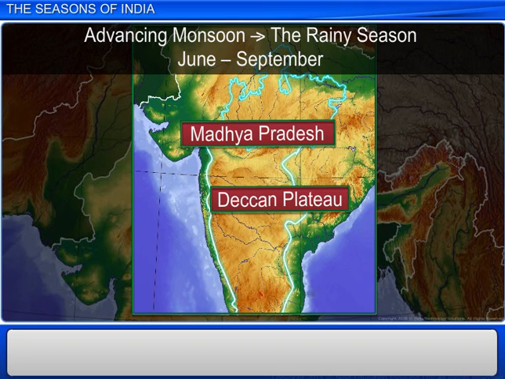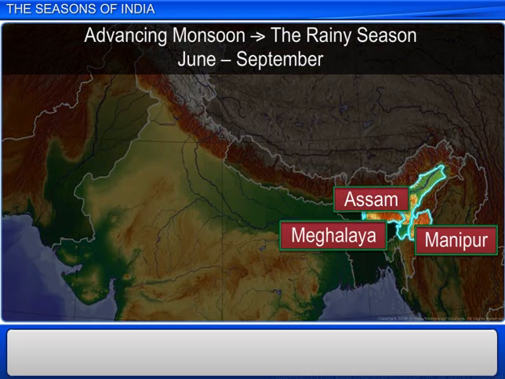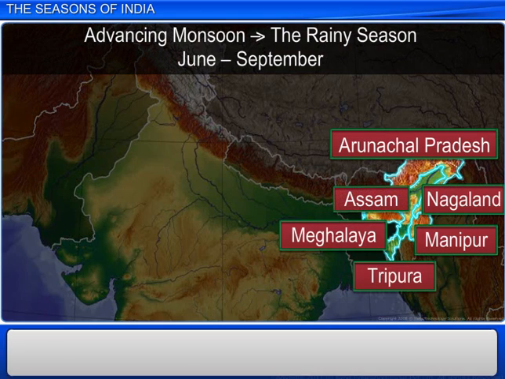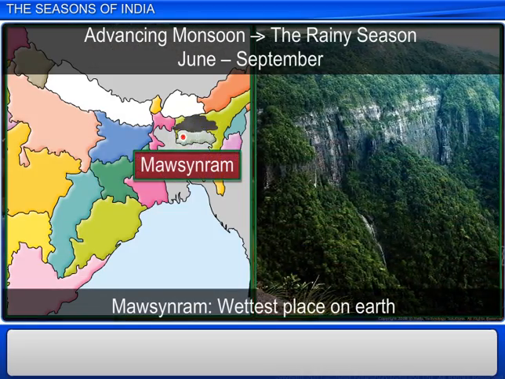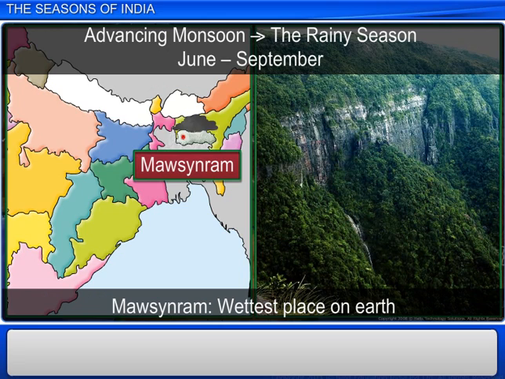However, they do receive some amount of rain. The northeastern parts of the country receive the most rainfall of this season. Mawsynram in the southern ranges of the Khasi Hills, which is reputed for its stalagmite and stalactite caves, is the wettest place on the earth.